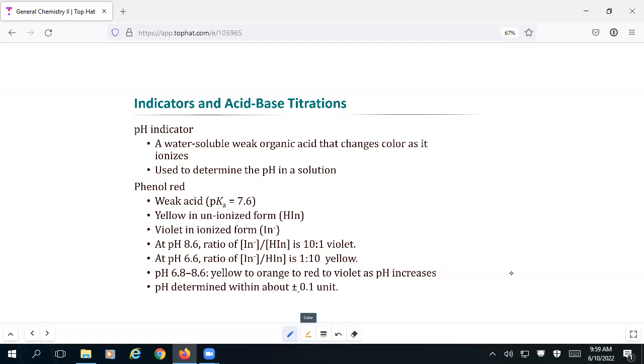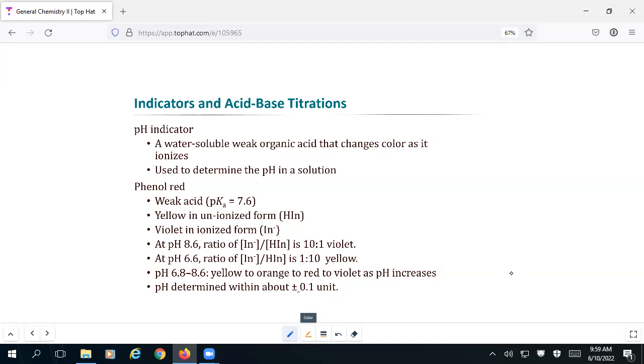So indicators are usually organic acids of some kind, some sort of organic dye that will change colors as it ionizes, either as H plus is added to it or as H plus is removed from it. And we use them in general to determine the pH of a solution very qualitatively.